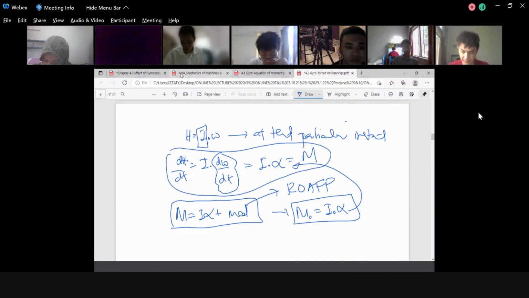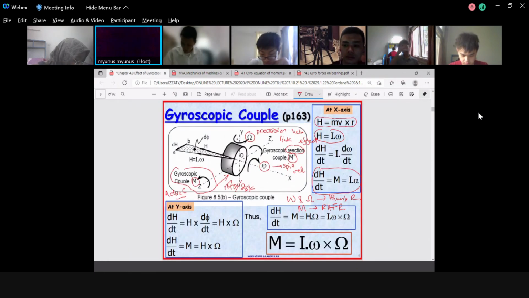I think last two semesters, you need to have this one on your own, to define what the equation is. You will have this one. Okay, this one is on the x-axis, isn't it? On the x-axis. Then look at the y-axis. This one on the x-axis. Look at what happened on the y-axis, because these two axes will be occurring simultaneously at the same time.